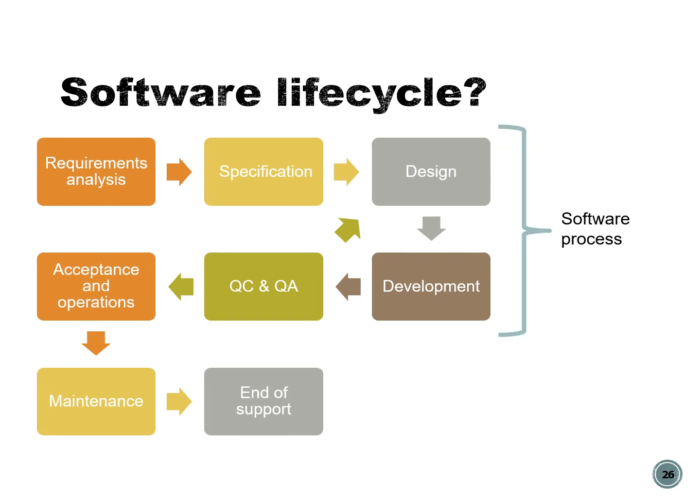So basically, from earlier courses, this part from the requirements analysis to acceptance and operations is usually called software process. It doesn't care about the maintenance or end-of-life support. It just mentions that it happens.